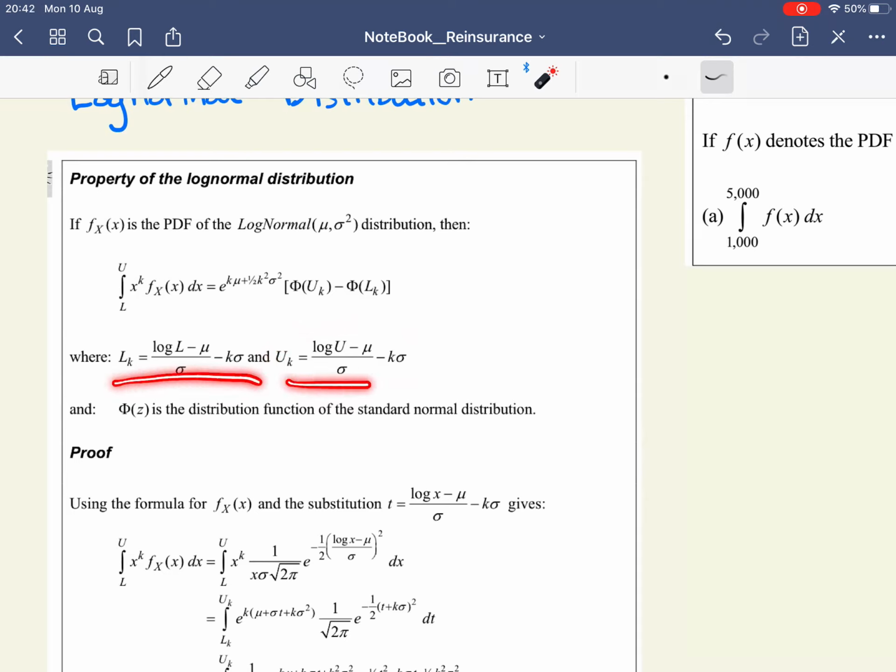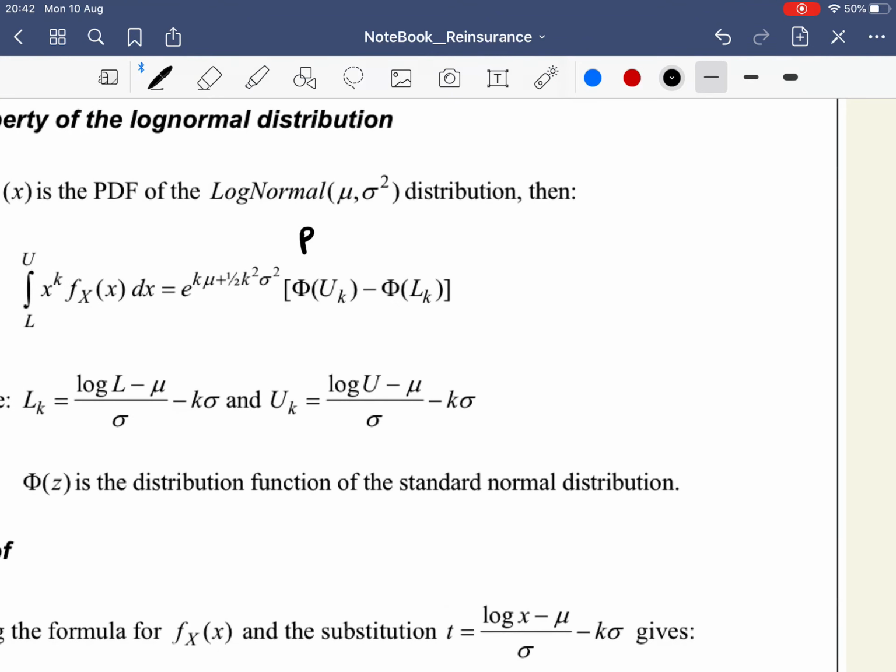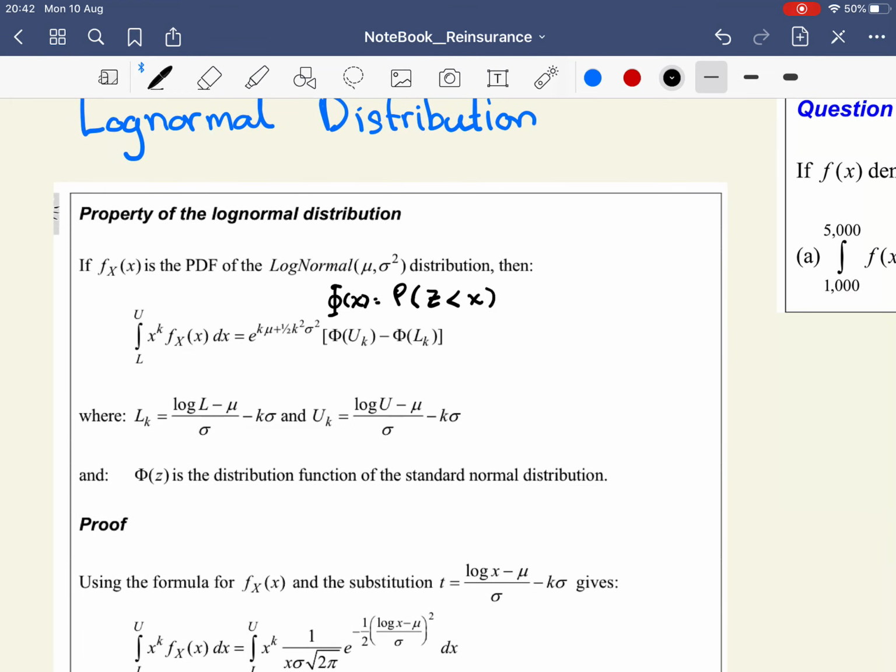And here is what they mean. This capital phi means the area under the normal curve behind the value in it. So let me make a note here. Phi of x is just the probability that the standard normal will take a value less than x. Alright, this is how it works.